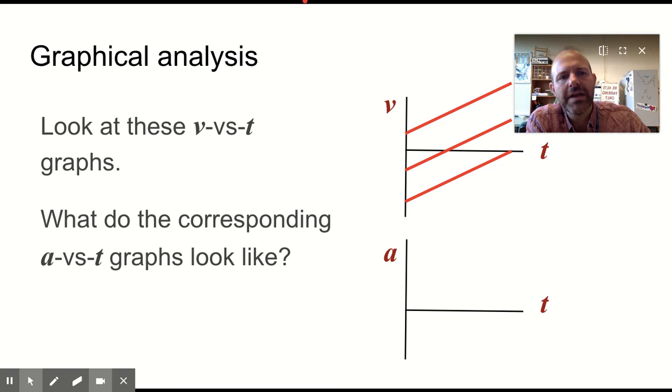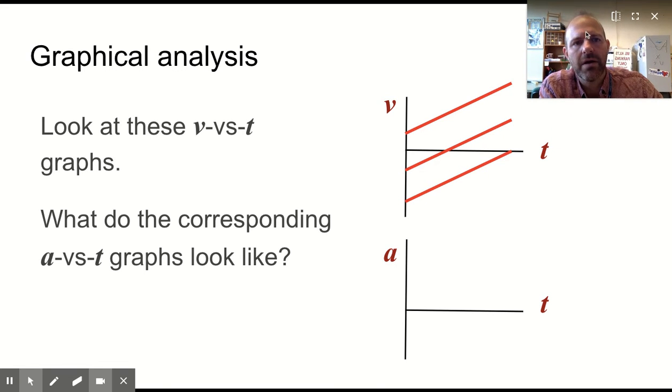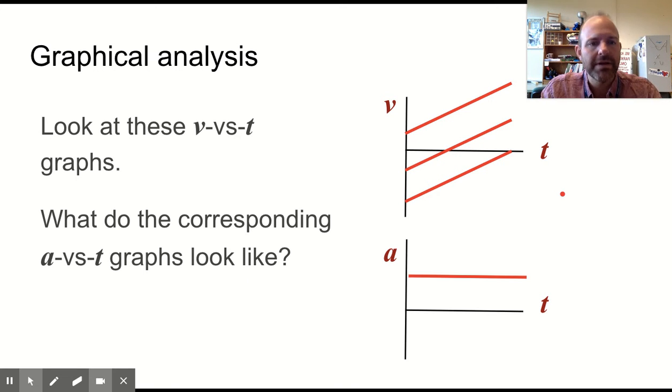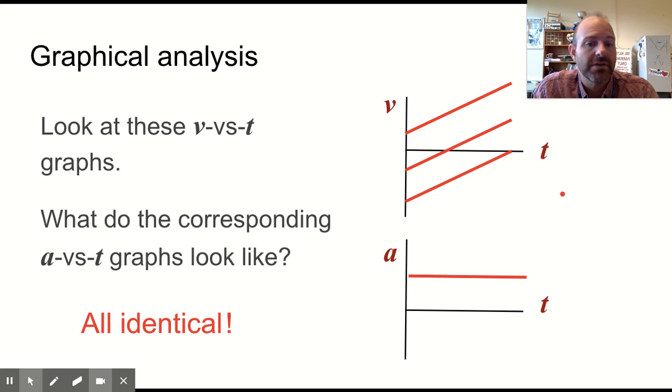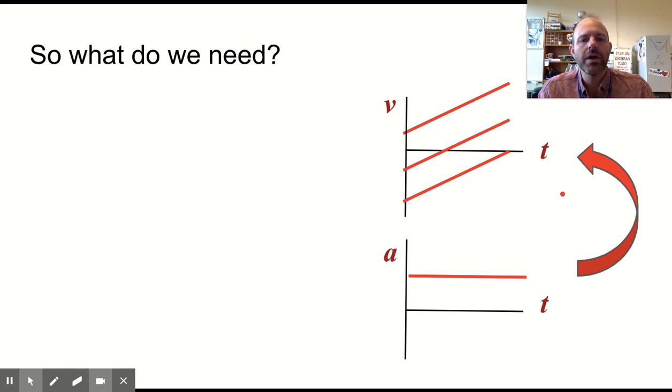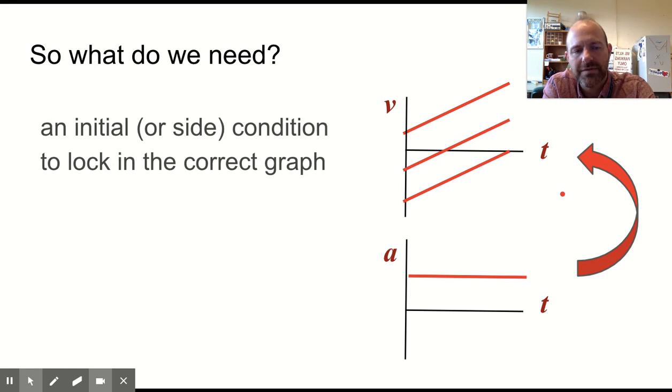Another way of thinking about this is thinking about where we need more information. If you look at these velocity time graphs, all three of them have the same exact slope, so any one of them would have the same acceleration graph, a horizontal line with a positive acceleration. There's something we're missing here. To go from the acceleration time graph and pick which one is specific to my motion, I need an extra piece of information, an initial condition, or sometimes we call it a side condition.